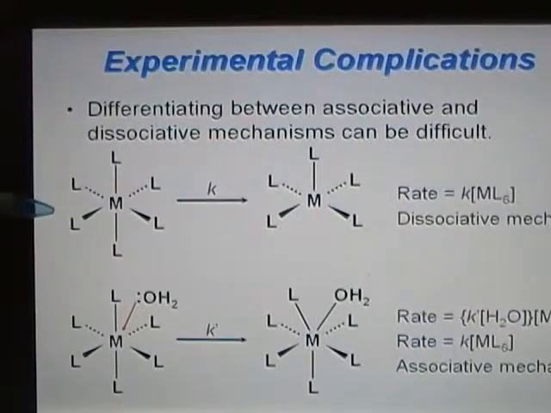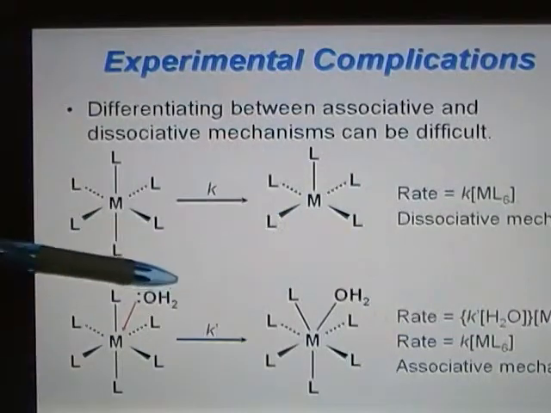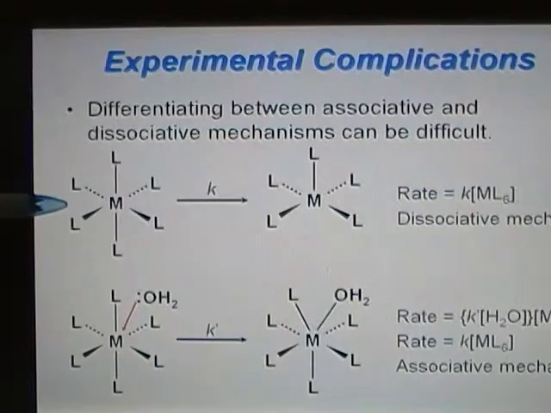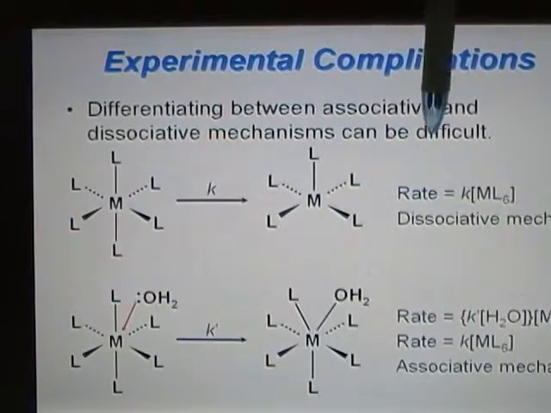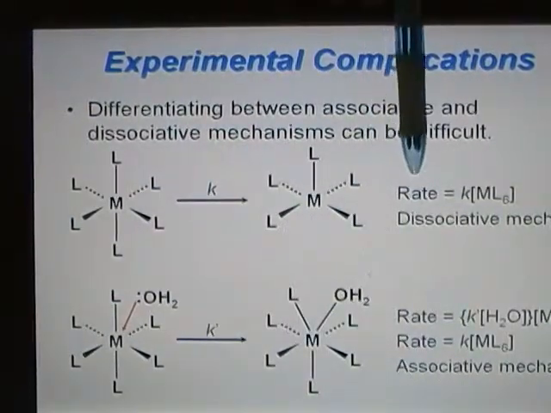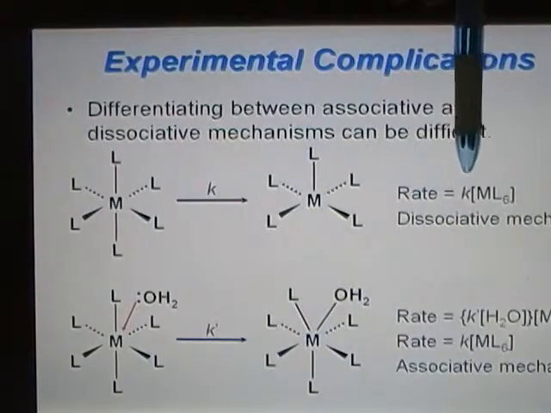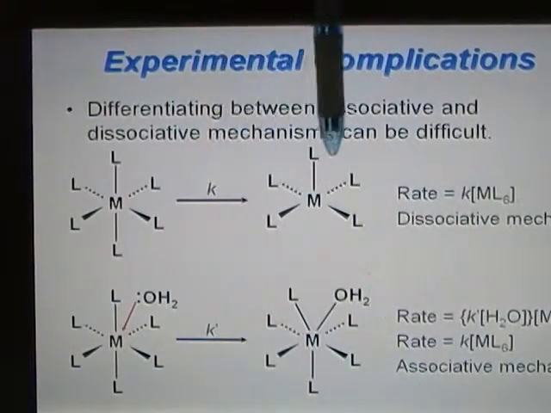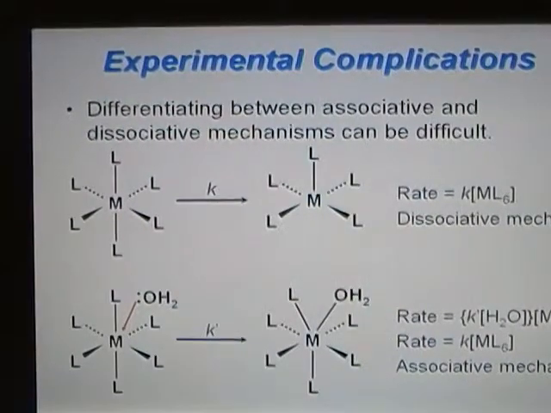In the dissociative mechanism, a 6-coordinate compound has to lose one ligand to form a 5-coordinate compound. That is the rate determining step. If you write a rate law for this, the rate is just equal to the rate constant, which tells how fast this reaction is going, times the concentration of the reactant, ML6.